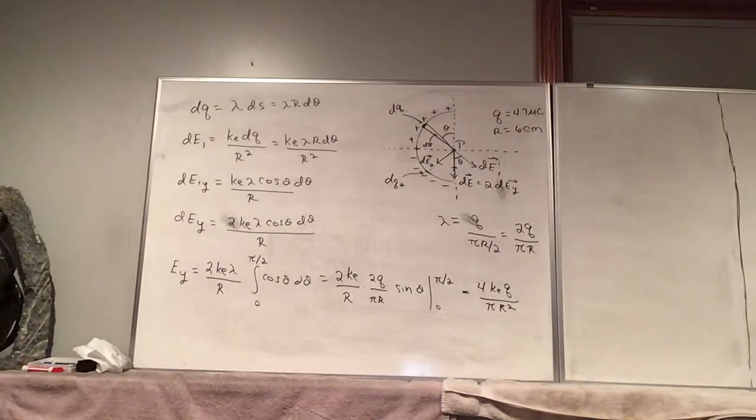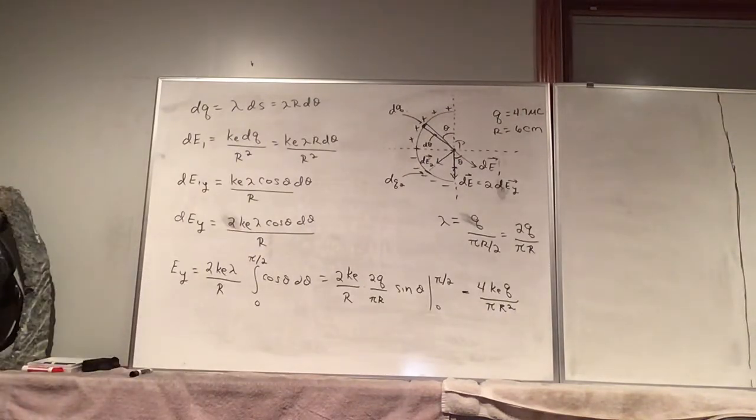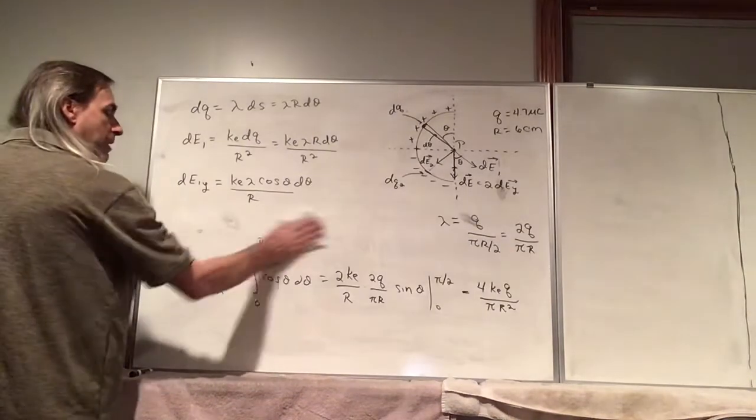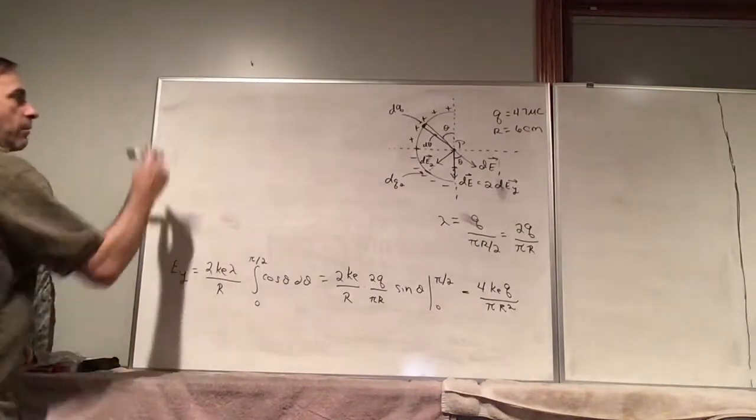Okay. And now it's a matter of plugging in the numbers. So I'm going to need a little room for this. Well, it's recorded. You can always back up and see what you want. So I'm going to just write the result here.